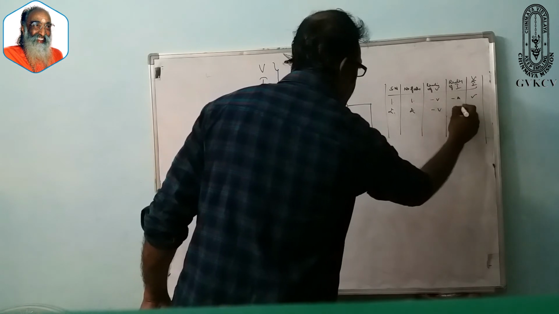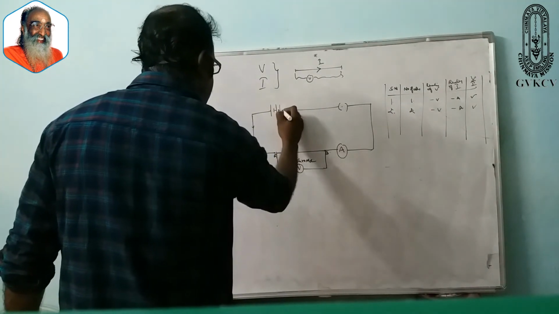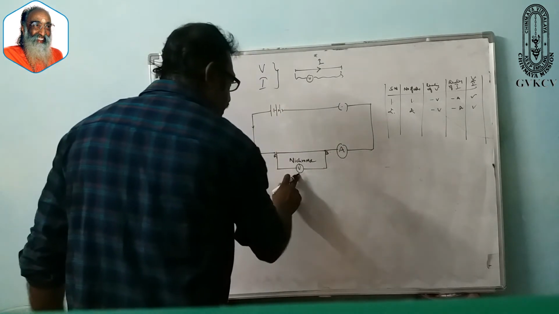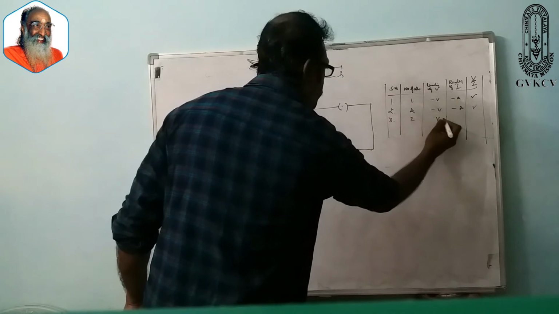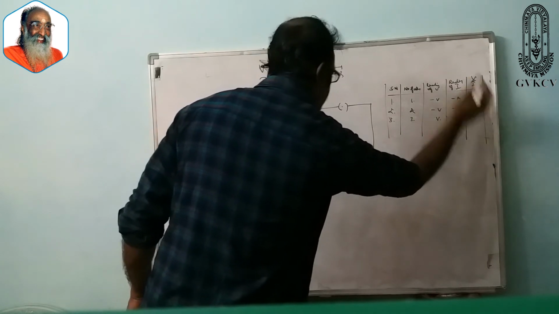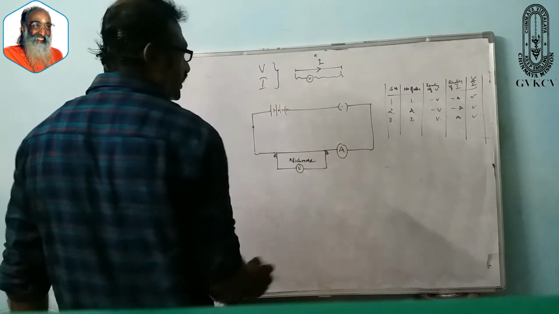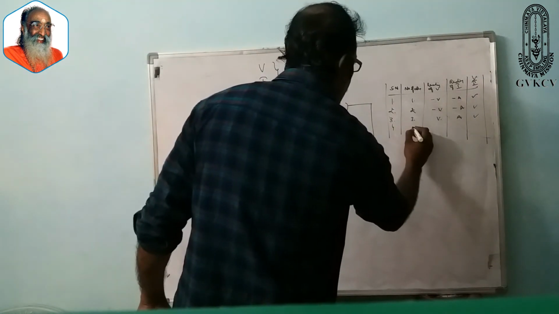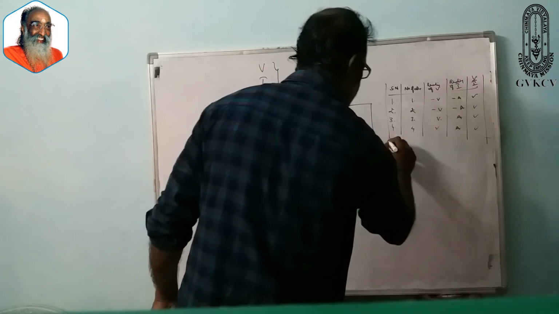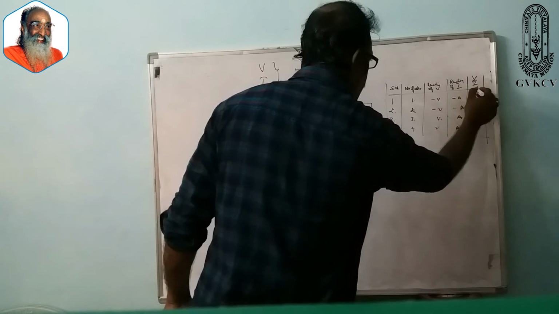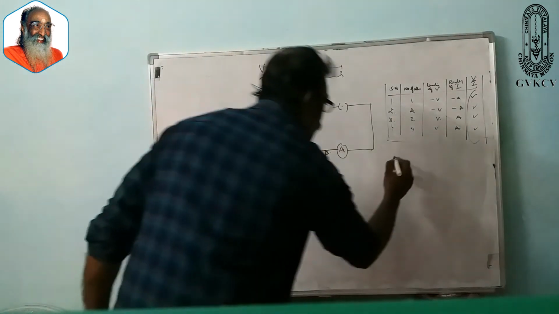Again 3 cells, the reading of the voltmeter, the reading of the ammeter and the ratio. And again 4 cells, with the readings of voltmeter, ammeter and the ratio of that.